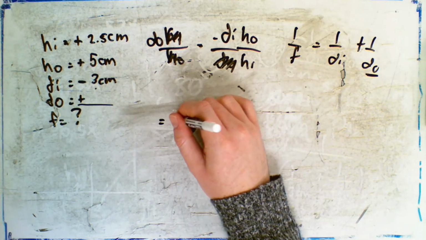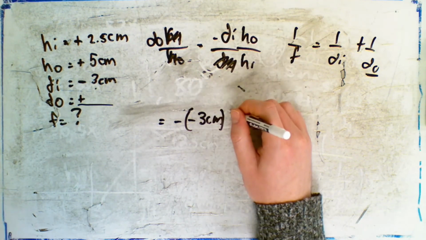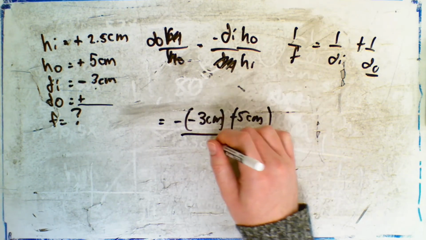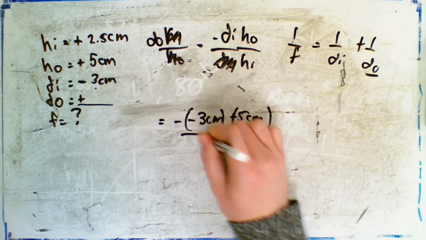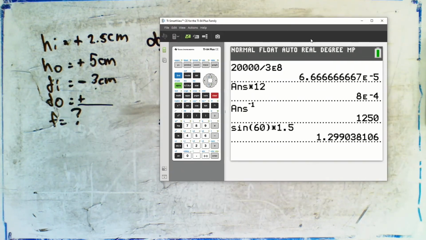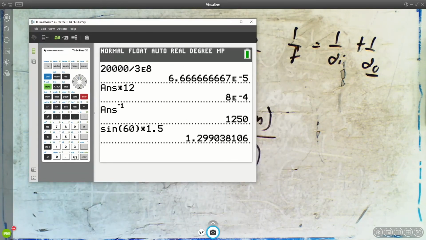So negative 3 centimeters, because there's a negative there. Ho is positive 5 centimeters. And then our hi is positive 2.5 centimeters. So if we plug that stuff into the calculator, negative 3 times 5 will obviously give us positive 15.